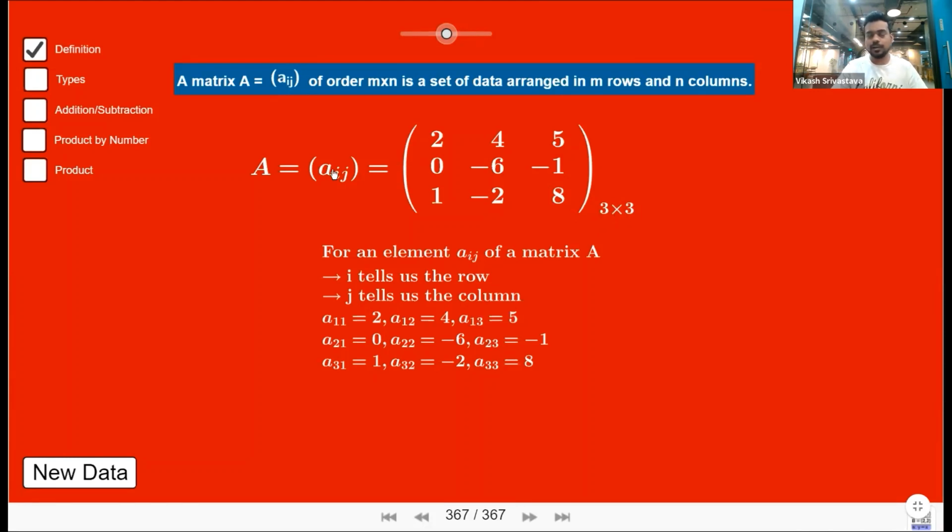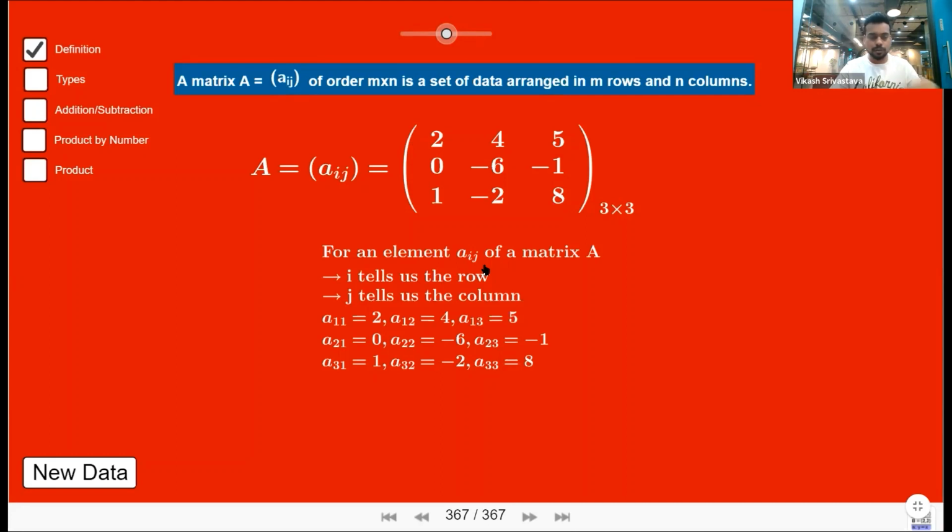Each element of the matrix can be denoted with a very useful notation, Aij, where i tells us the row and j tells us the column. If you want to point to a particular element, you need to specify the row and also the column.